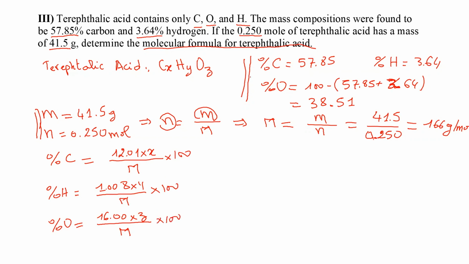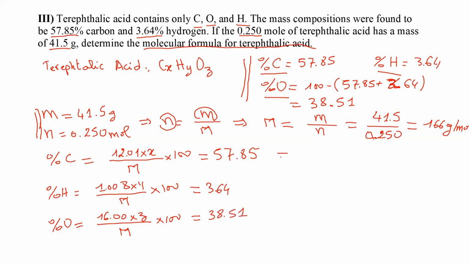And we have these values already here, here, and here. So we know that this is equal to 57.85. We know that this is equal to 3.64, and this one, 38.51.